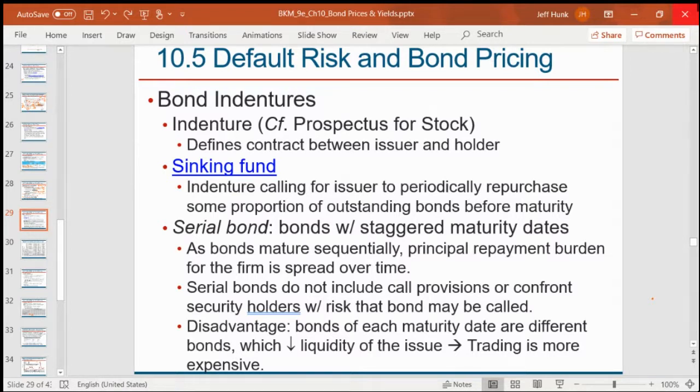And they need money to retire those bonds periodically.